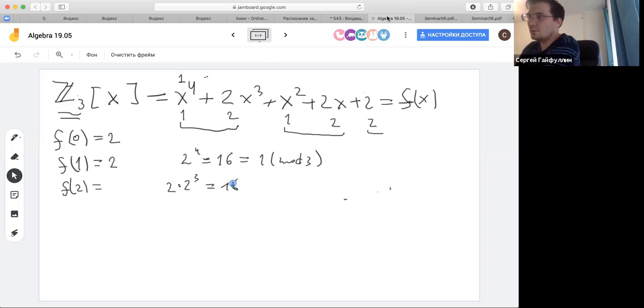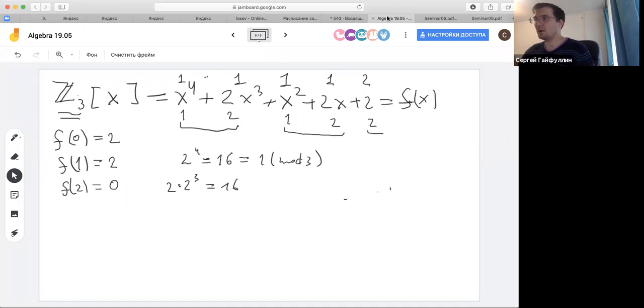So here is 1. 2 square is 4, and this is 1. 2 multiplied by 2 is 4. It equals 1, and plus 2. 1 plus 1 plus 1 plus 1 plus 2, this is 6, and 6 equals 0. Okay, we have 0 here.